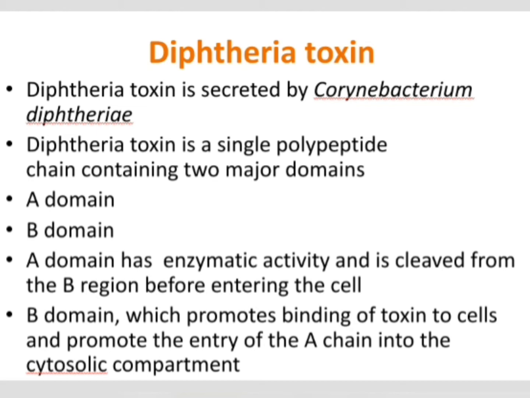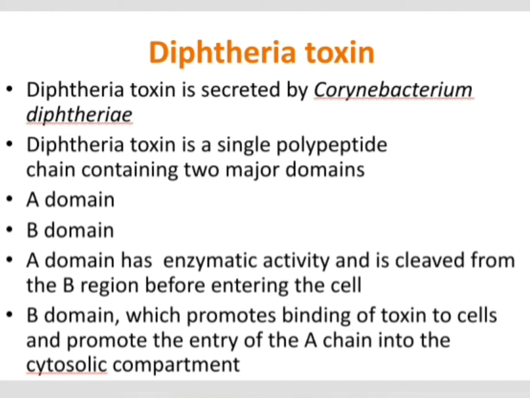cytosolic compartment. Diphtheria is caused by Corynebacterium diphtheriae, and the main cause of diphtheria is the production of diphtheria toxin by Corynebacterium. So diphtheria toxin is a single polypeptide, composed of two domains, A domain and B domain.